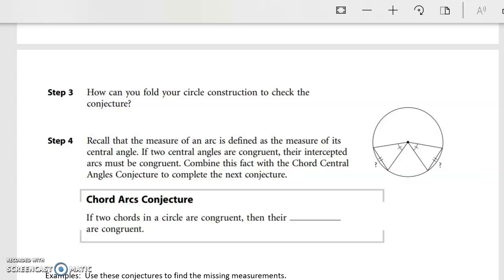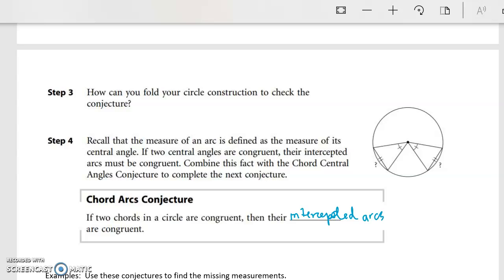So this also means, remember, that the measure of an arc is defined as the measure of its central angle. If the central angles are congruent, then the arcs are also congruent. So a one-off from this is if two chords in a circle are congruent, then their intercepted arcs are congruent.